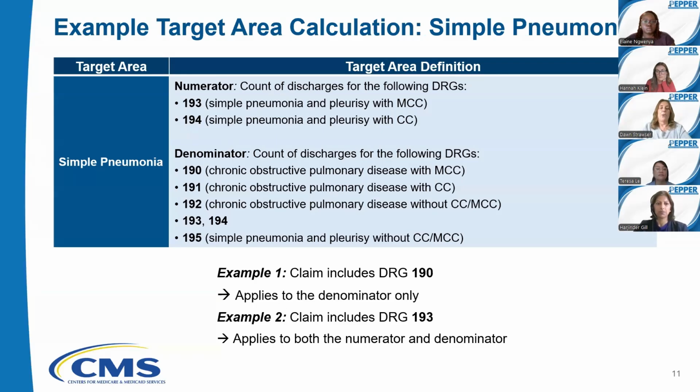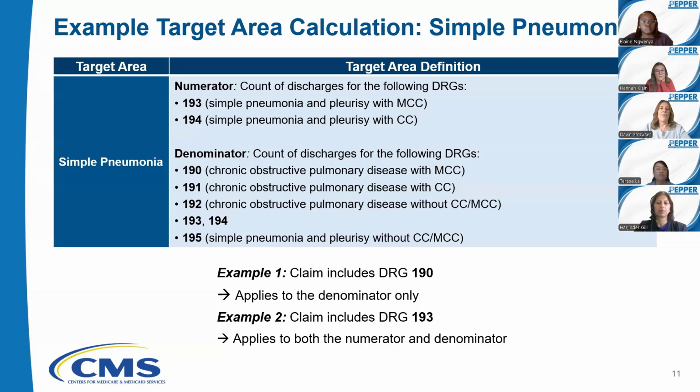coded as a simple pneumonia pleurisy with an MCC or with a CC, as compared to the denominator, which is looking at the COPD diagnoses. Also, those two that are included in the numerator, along with simple pneumonia and pleurisy without CC, MCC.